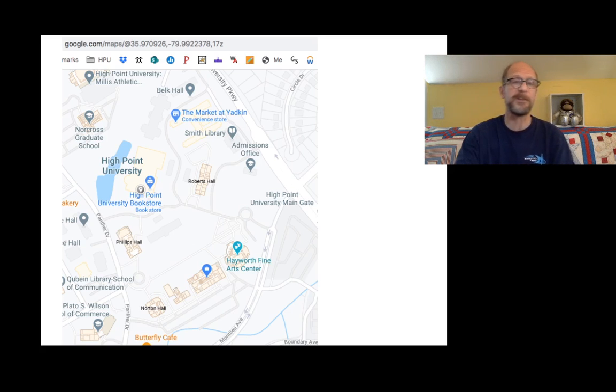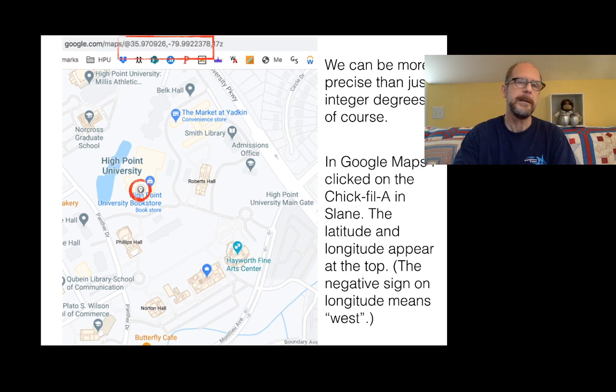We can be more precise, of course. So I pulled up Google Maps, High Point University campus, and I clicked on the Chick-fil-A in Slane, and the latitude and longitude then appear at the top of the map.